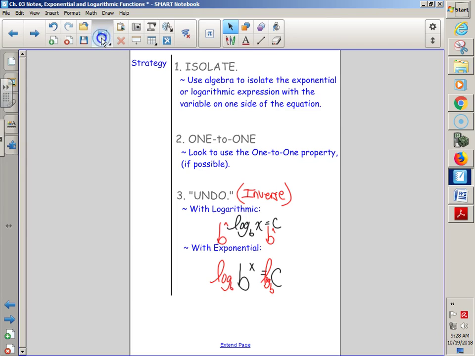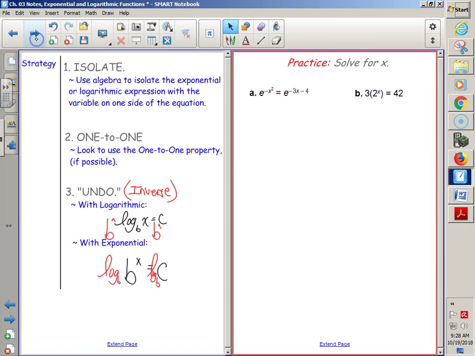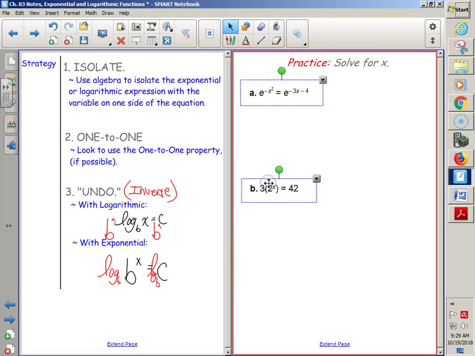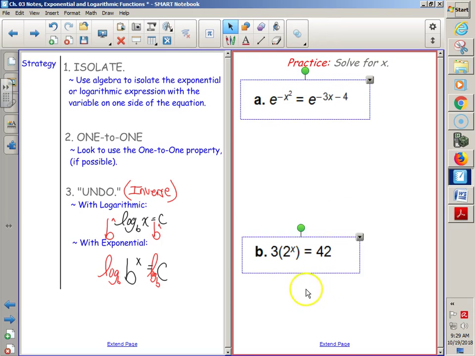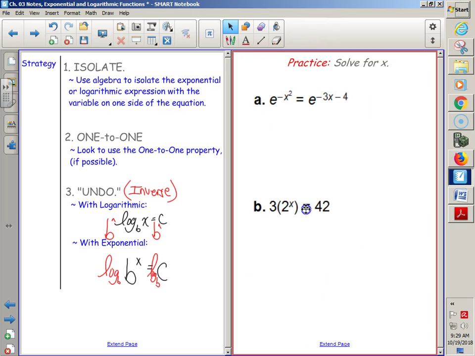Do you think we can see it if I dual page? I think we can. Let me make them a little bit bigger. We'll do one at a time. Okay.